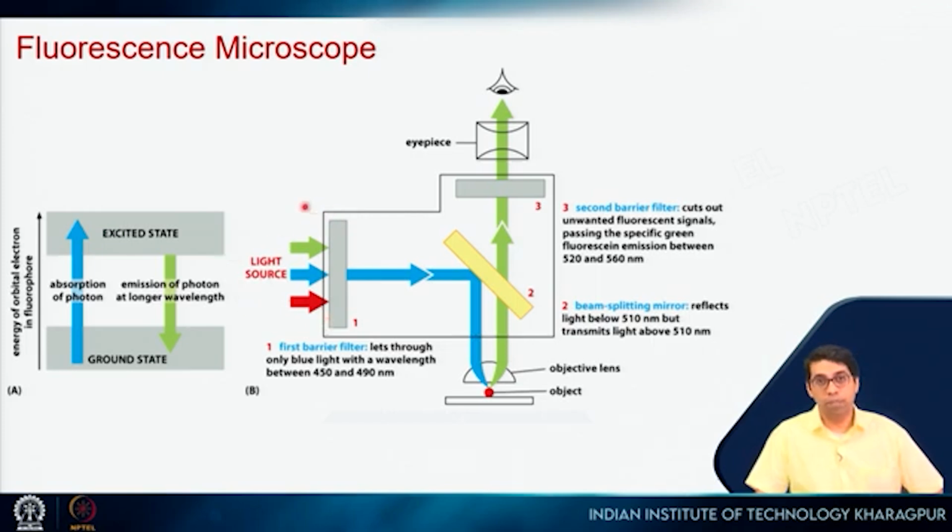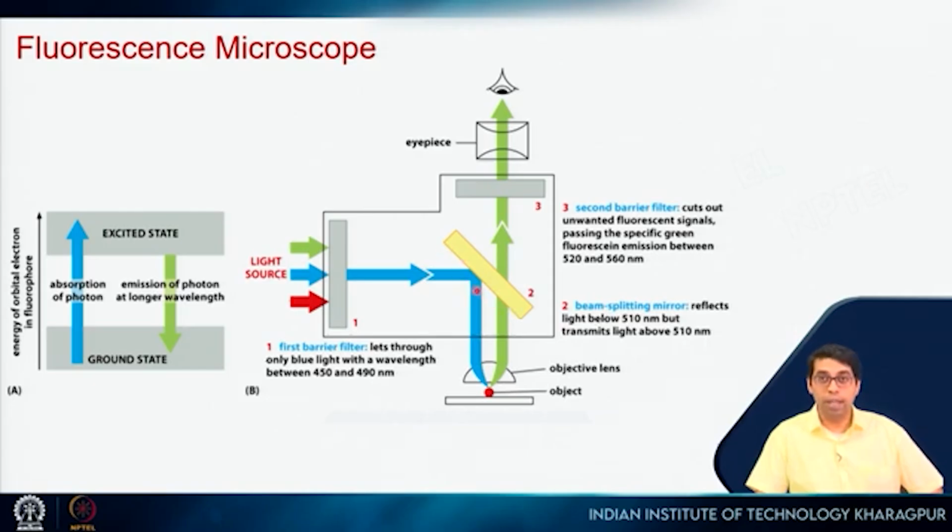In many cases it is called a monochromator. What it does is let through only a certain wavelength of light. In this example, this one lets through only blue light with a wavelength between 450 to 490 nanometer. So, the light source has all these wavelengths, only one wavelength is passed and it hits this beam splitting mirror.